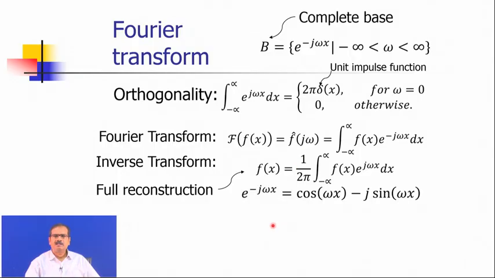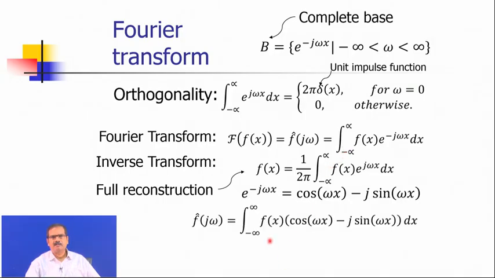One interesting fact that can be noticed here is that this complex sinusoid can be decomposed into real and imaginary parts. The real part consists of cos omega x, and the imaginary part consists of minus sin omega x in this case. So, this forward transform can be expressed in this form from this expression itself.